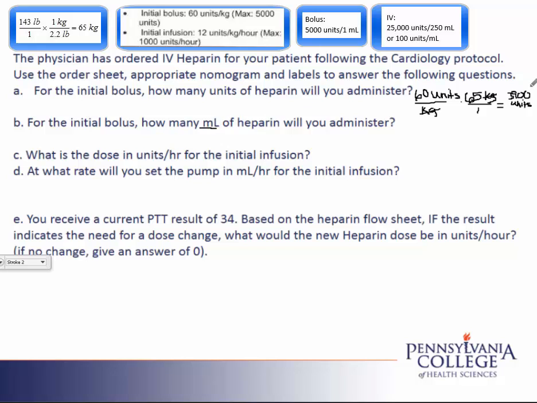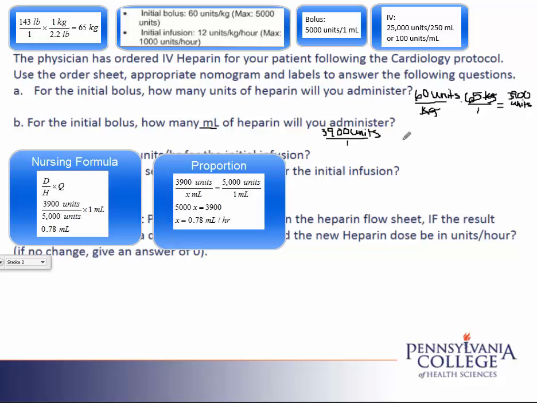In the second part of the problem, I'm asked to calculate the initial bolus in milliliters. I'll take my answer from part A and convert it to milliliters. I'll use the bolus medication. I'm going to set up dimensional analysis, but you could use any of the methods. This is given as a one-time dose, which is why I put the desired amount over 1. In the vial, I have 5,000 units per 1 milliliter.